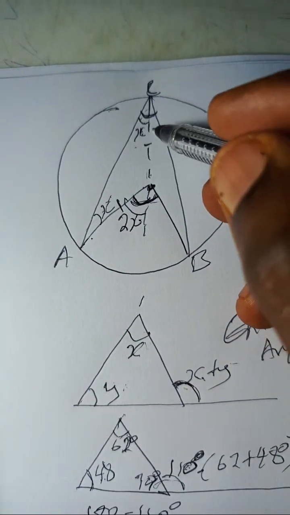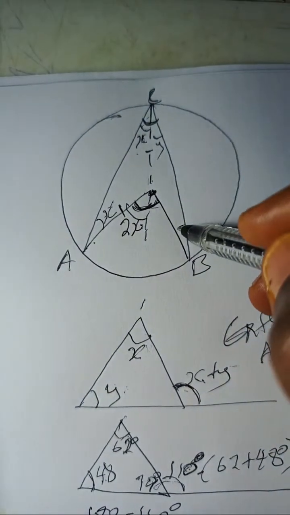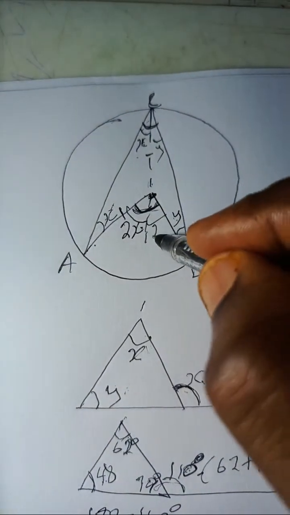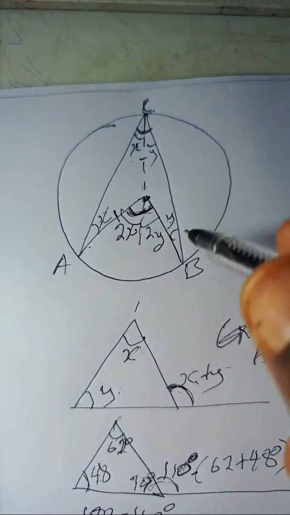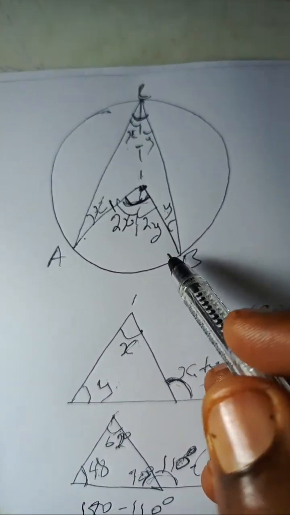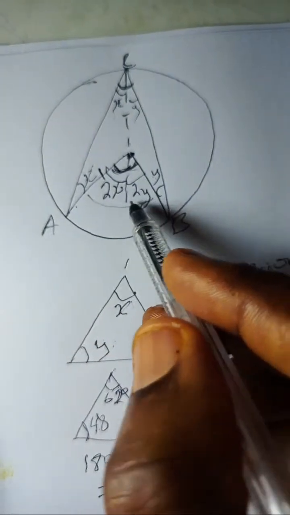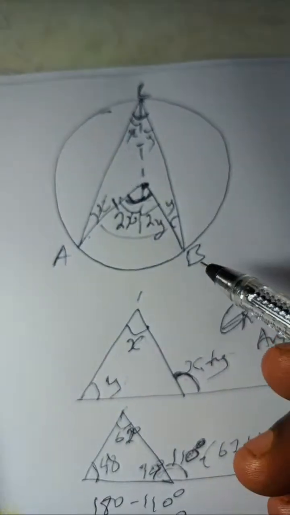If we call this one y, this is y, this is also y, so y plus y will give us 2y. Let's now look at it perfectly. It means the two of them, as we have it here, are 2x plus 2y.